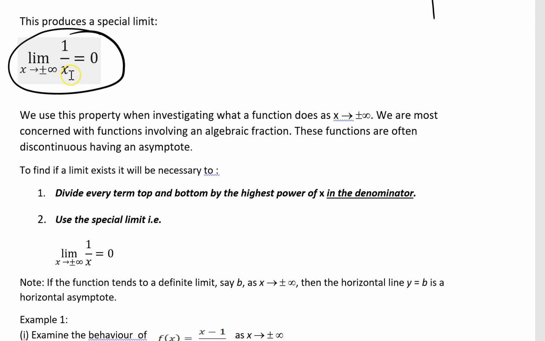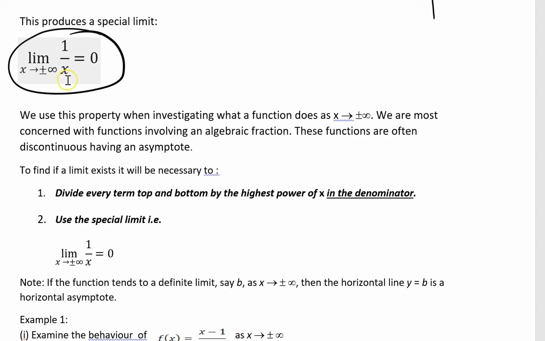You can probably tell that the only time that we really get to use this concept is when x appears in a denominator of a function that we're either investigating or that we've been instructed to sketch. And the other thing that you also know about functions which involve an algebraic fraction is that they usually have a very easily identified vertical asymptote.